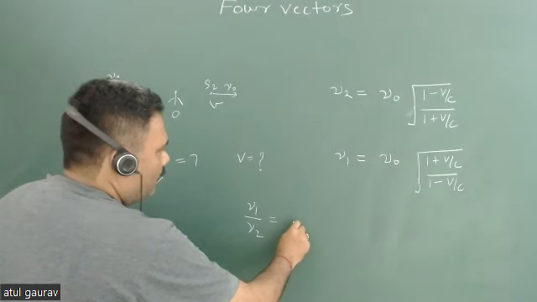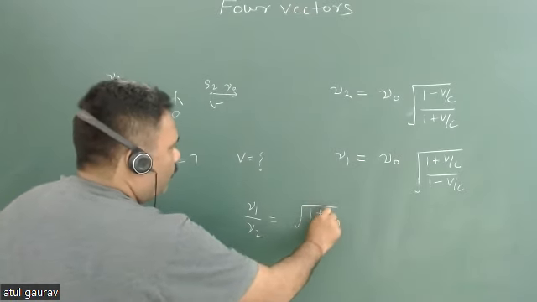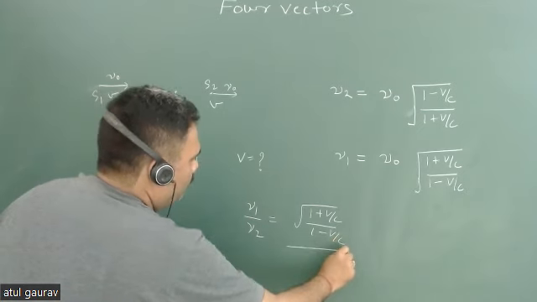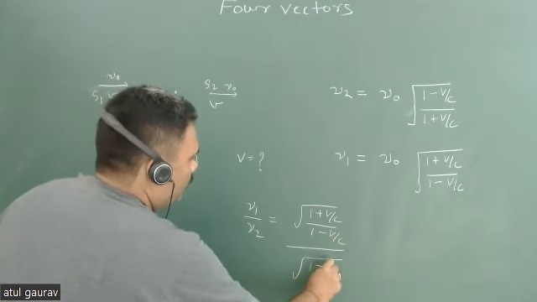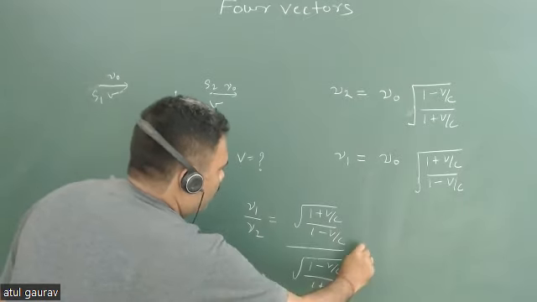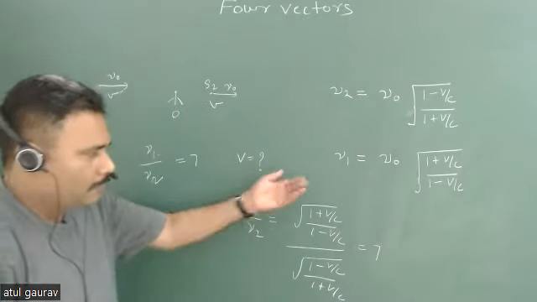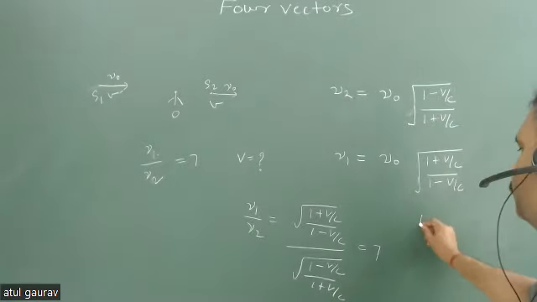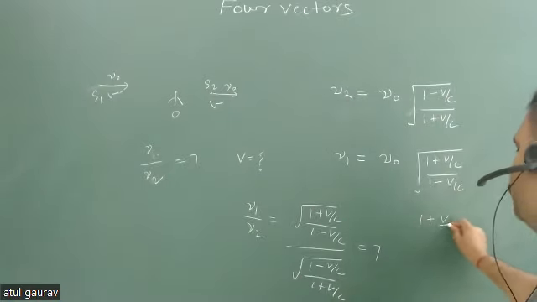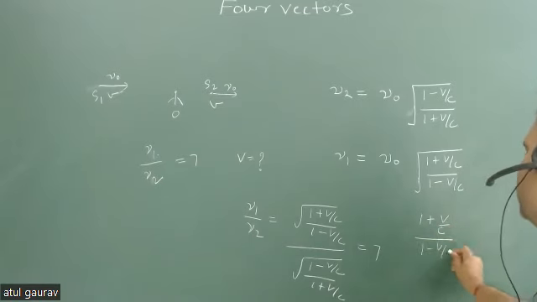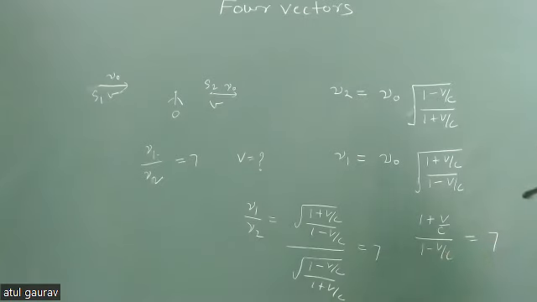That means the square root of (1 plus v upon c)(1 plus v upon c) over (1 minus v upon c)(1 minus v upon c), which is 1 plus v upon c by 1 minus v upon c, is equal to 7.